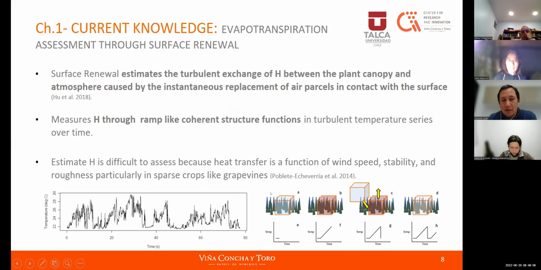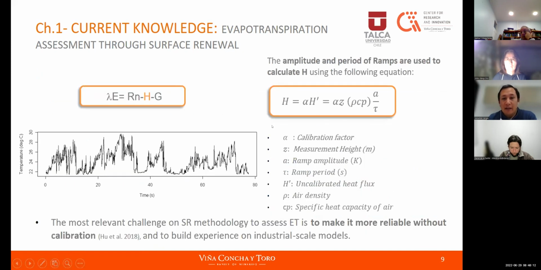So if we measure temperature at high frequency, we can characterize these ramps, and by the amplitude of these ramps we can obtain the sensible heat flux. That's the way we do it.